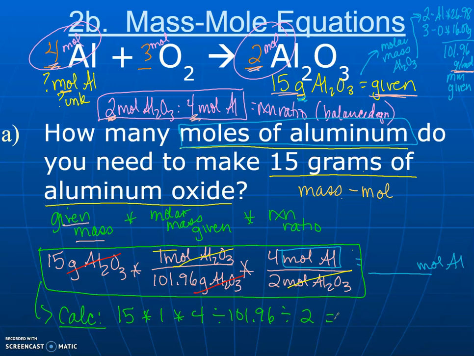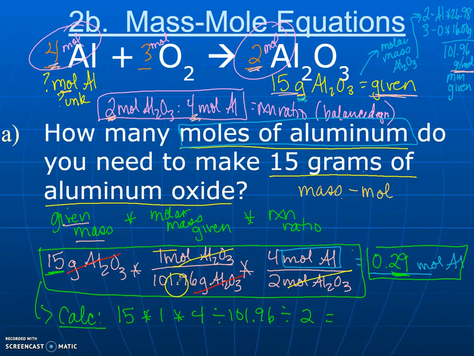Push pause. Go get a calculator. Make sure it's a calculator and not your phone, because you need to be able to use all of your scientific notation eventually. Go try it, see what your number is. I'll wait. Okay, you're back. And you should plug it all in and get 0.29 moles.